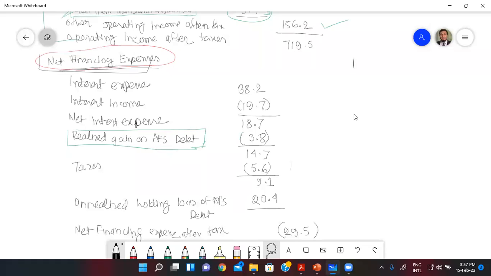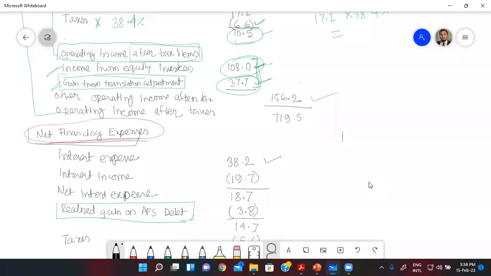Okay, interest expense. So interest expense is 38.2 million. From the net financing expenses, we will take the tax benefit.